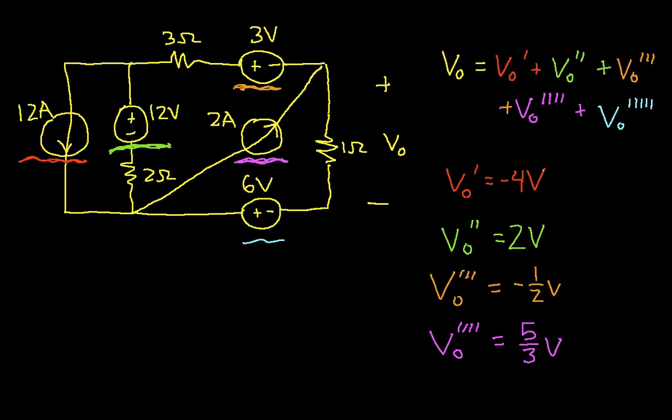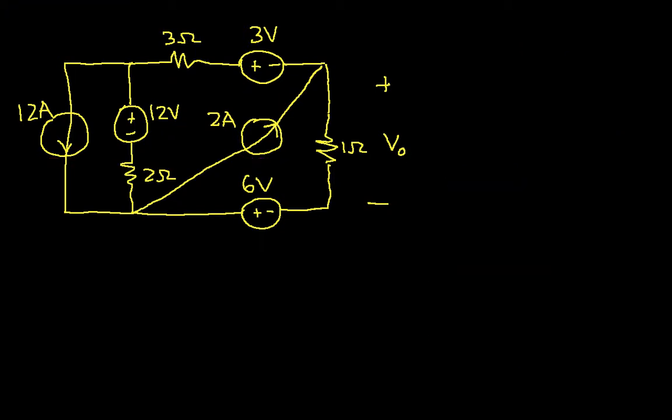And finally, I need to find V0 quintuple prime. That's the voltage due to the 6-volt source. So I'll bring up one last clean copy here. And we're looking for V0 quintuple prime.